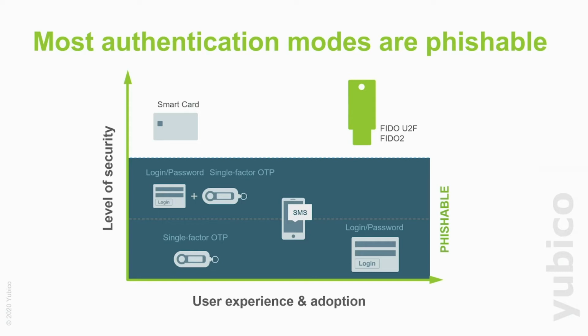Where FIDO is that the private key is now held within the device itself, the authenticator. In this case, a security key like a YubiKey would have the private key, where a public key would be given out to the company, a unique public key they would store and manage.